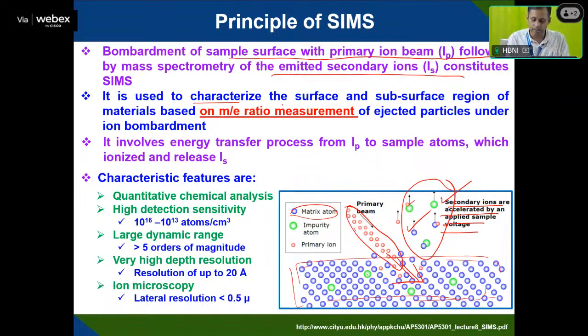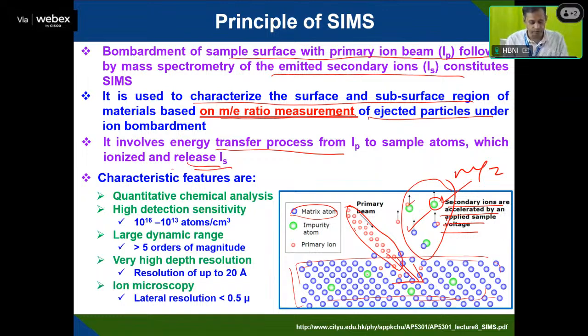It is used to characterize the surface and subsurface region of the material based on the M by Z ratio measurement of the particles ejected under ion bombardment. What particles are coming out? That M by Z ratio, also called M by E, we measure. It involves energy transfer from the primary beam to ionize the secondary atoms.